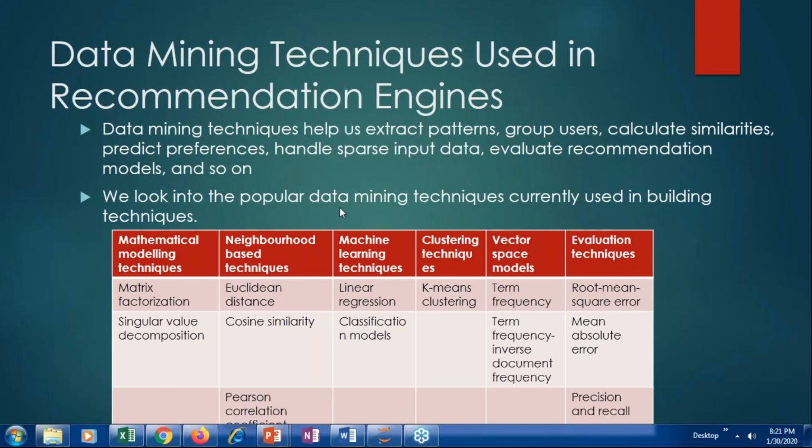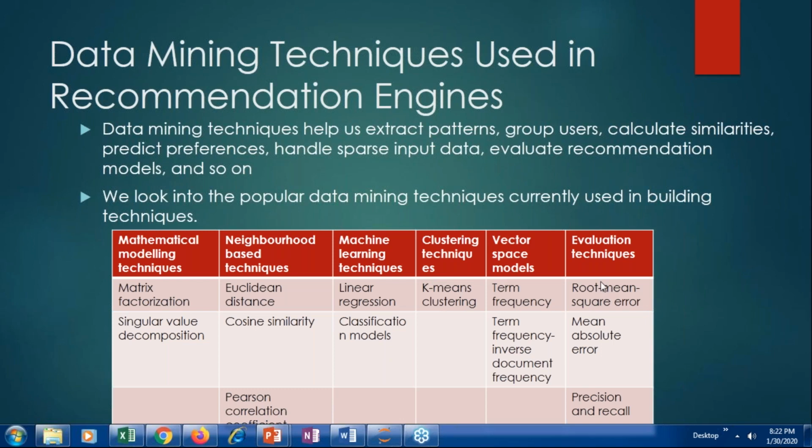These are the techniques in data mining that are used in recommendation: mathematical ones like matrix factorization and singular value decomposition. In neighborhood methods, we have Euclidean distance, cosine similarity, and Pearson. These are all different techniques. In machine learning, we can also use linear regression, classification, clustering, and the vector space model with term frequency and term frequency-inverse document frequency.